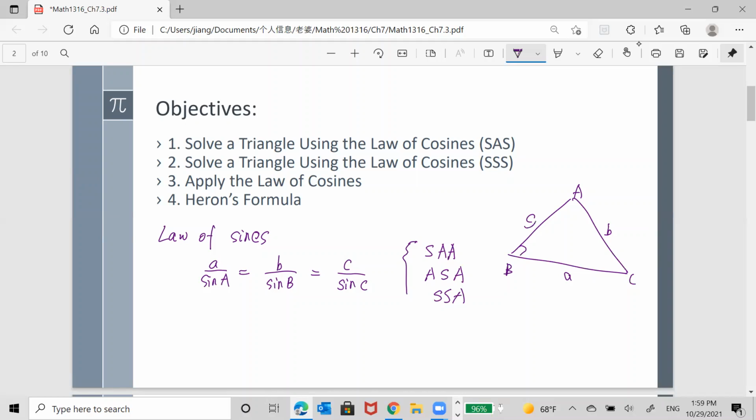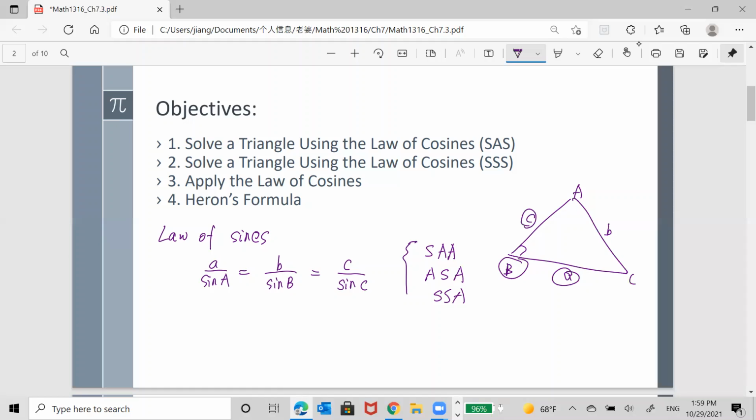That means we have lowercase c, a, and b. In the law of sines, we can't solve for any variable by this equation, because we have a and sine B and c. So we can't solve the SAS case by the law of sines.